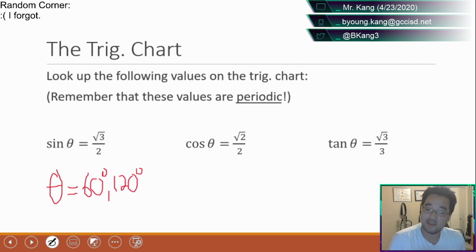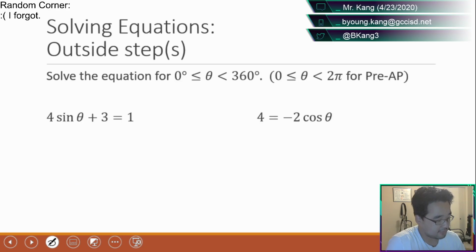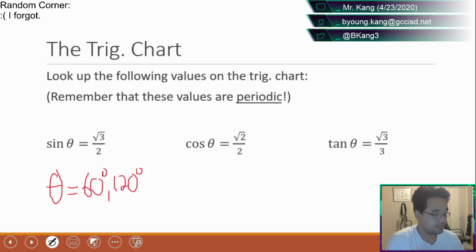I could add 360 again, and again, and keep spinning in that circle over and over, and you can get answers all the way to infinity. Now, a sneak peek of the stuff ahead: notice how the instructions always say, just give me the answers between 0 and 360 degrees, or one rotation around the unit circle. That narrows down the field so you're not writing answers to infinity.